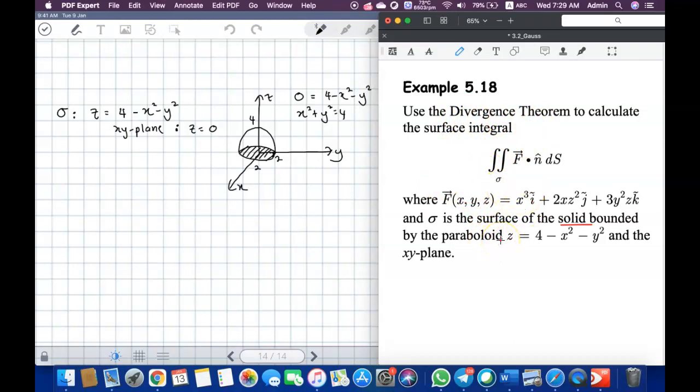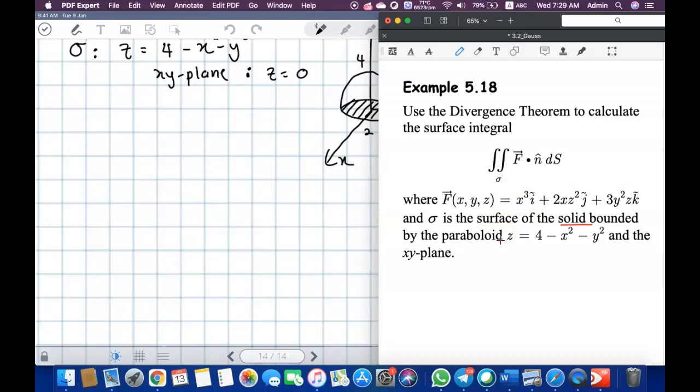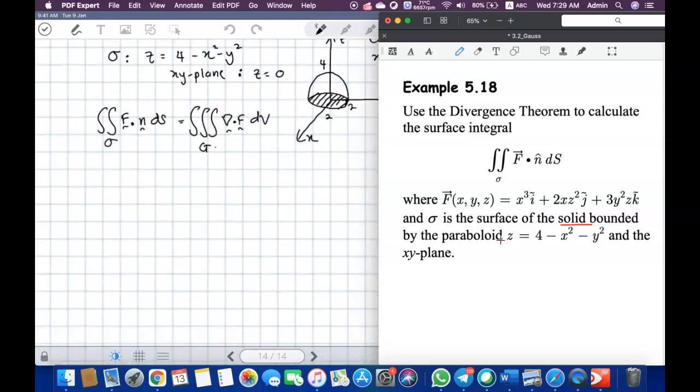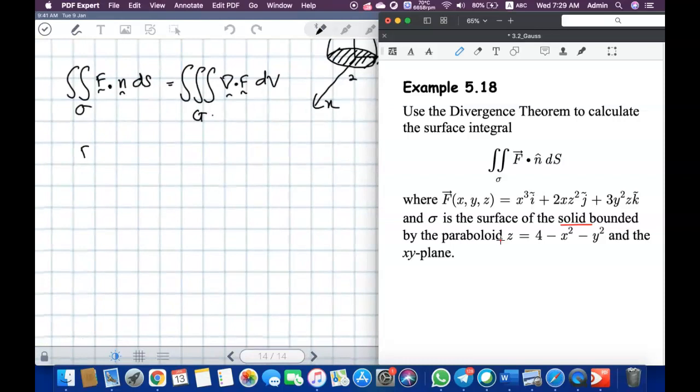So in this case, what we want to do is obtain the surface integral using Gauss. So you have the triple integral of the divergence of F dV over G. Okay, so now we have to find the divergence of F. So what is F? F given is x cubed, 2xz squared, 3y squared z.